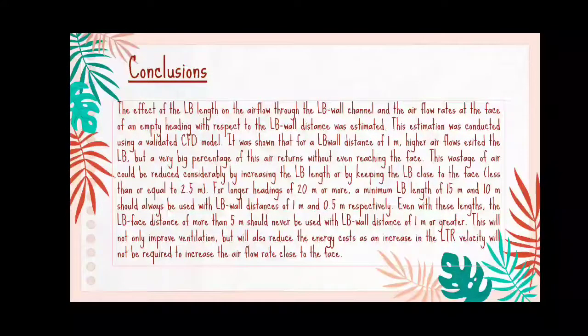Even with this length, the LB face distance of more than 5 meters should never be used with LB wall distance of 1 meter or greater. This will not only improve ventilation, but will also reduce the energy cost, as an increase in the LVR velocity will not be required to increase the airflow rate close to the face.